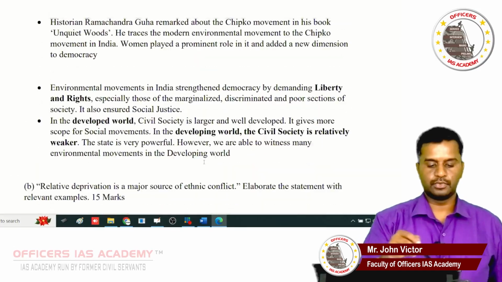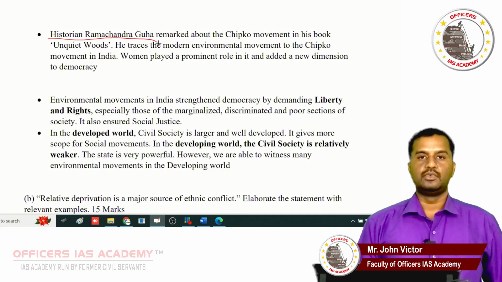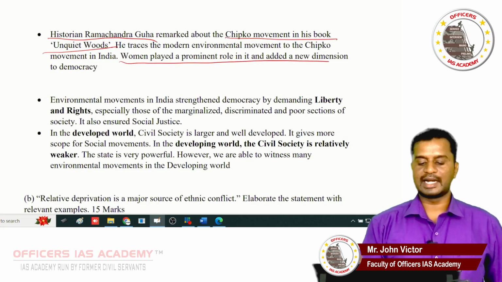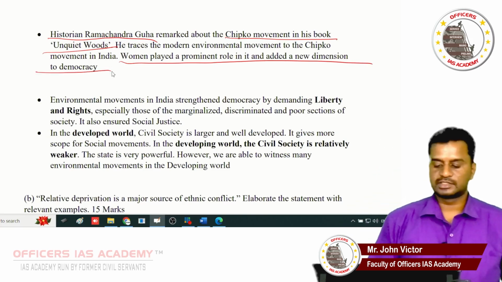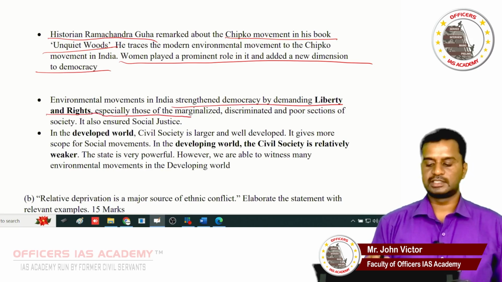You can mention Ramachandra Guha's view, who remarked about the Chipko movement in India. He remarks that women played a prominent role in it and added a new dimension. Thus, environmental movements strengthened democracy by demanding liberty and rights, especially those of the marginalized, discriminated and poor sections.